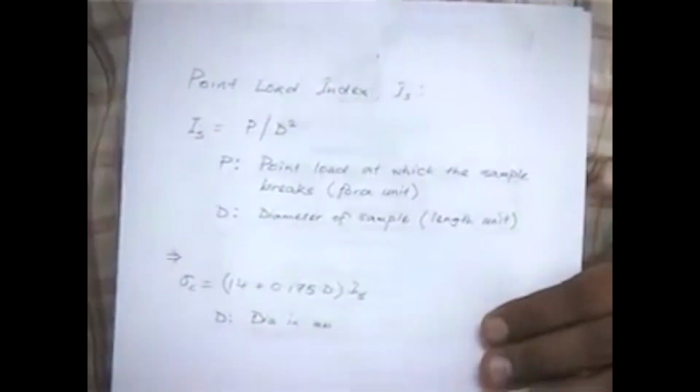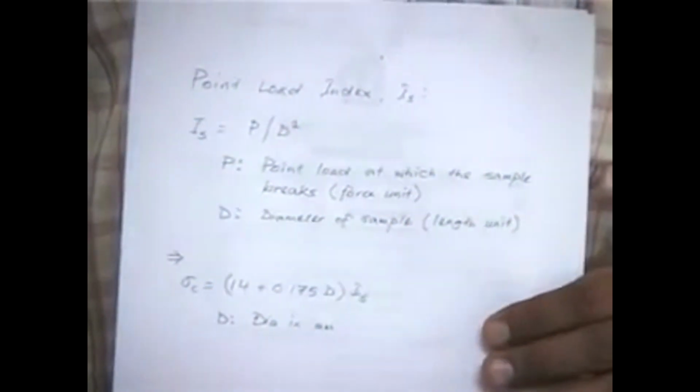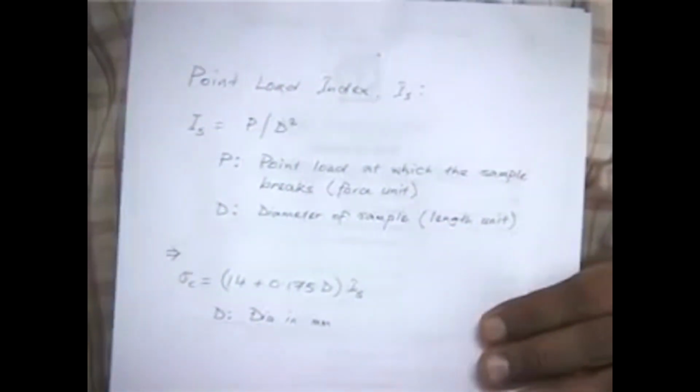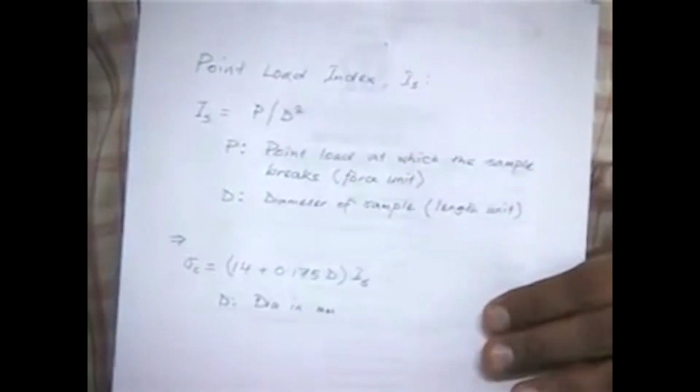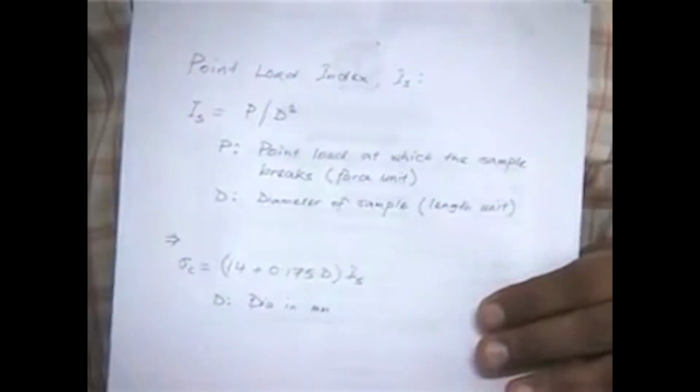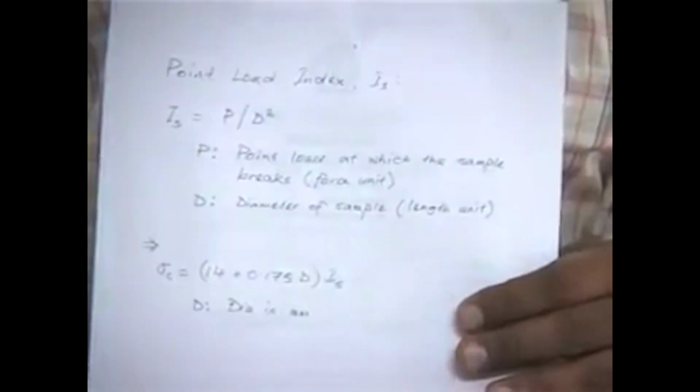And finally, from the point load index we calculate the uniaxial compressive stress sigma subscript C using the formula near the bottom of this handwritten note, which is 14 plus 0.175 times the diameter of the sample multiplied by the point load index, where D is taken in millimeter.